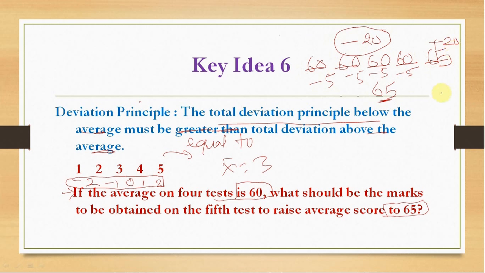So this number should be 85, so that the positive deviation 85 minus 65 is positive 20. Since the deviation below the mean is negative 20, the deviation above the mean, from 65 and above, should be positive 20. So he should attain 85 marks in the 5th test.